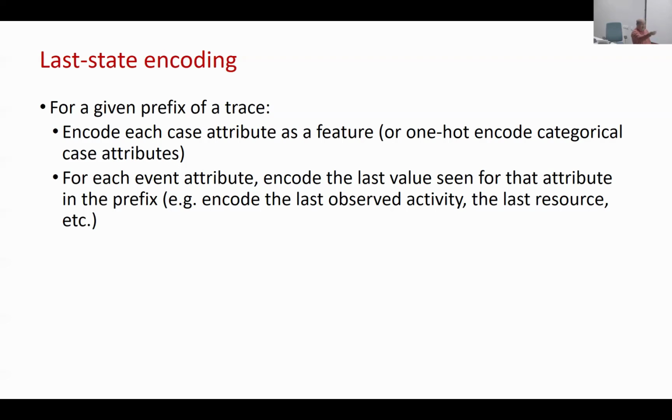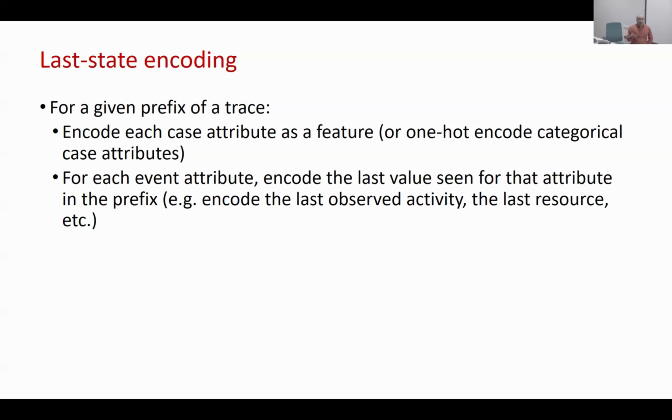So in a prefix, I have a sequence of such values. The resource, the worker who performs the event, who triggered the event, that is also an event attribute. The first event might have been performed by the customer, the second one by a worker called Mike, the third one by another worker called John. So the resource keeps changing over the trace. And there might be other attributes in there that will keep changing their value.